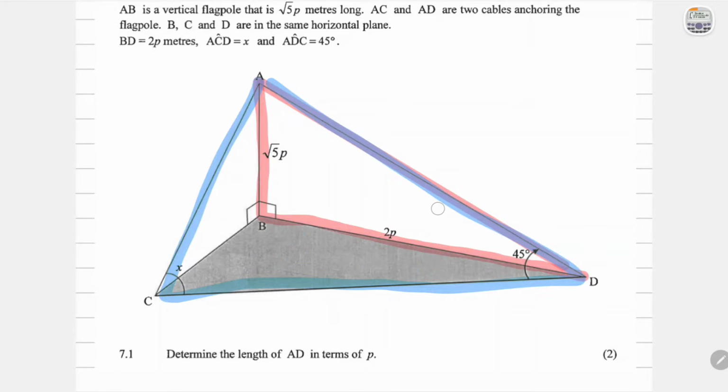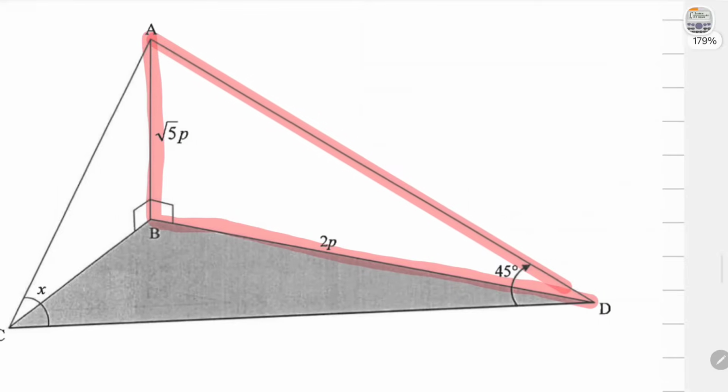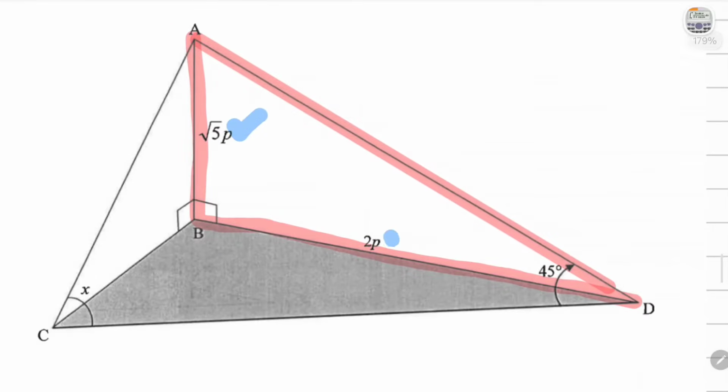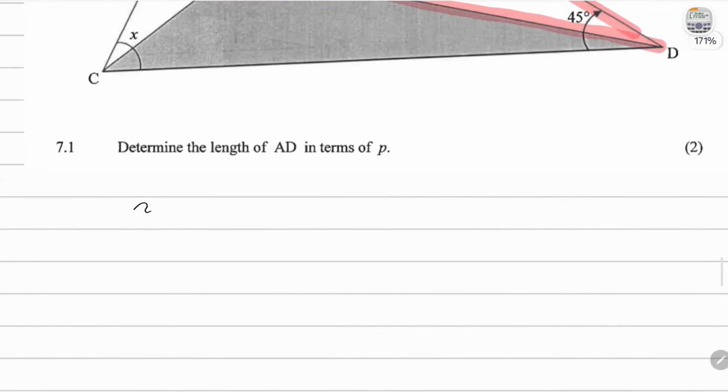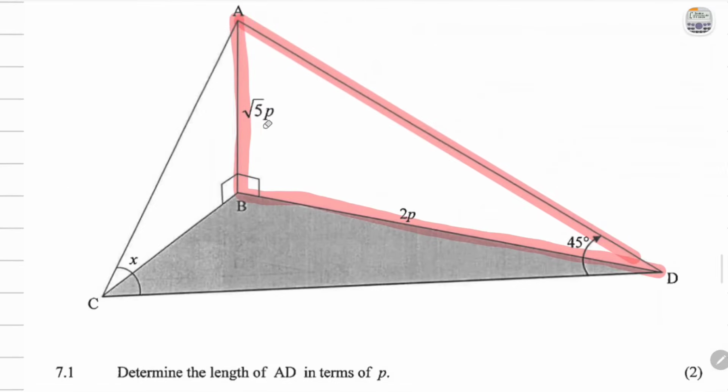So what we can use to find AD, because we have been given this side, and this is a right angle triangle, is simply Pythagoras. So let's go ahead and do that. We would say that AD squared is equal to, and that is the hypotenuse, the two shorter sides individually squared.